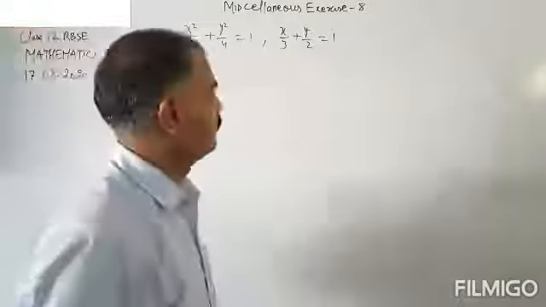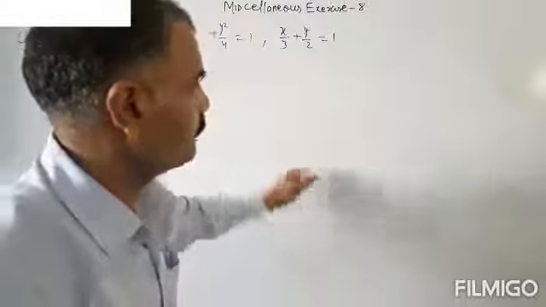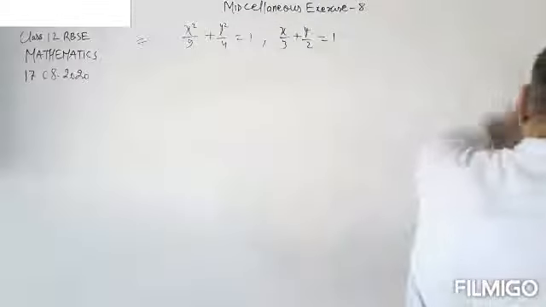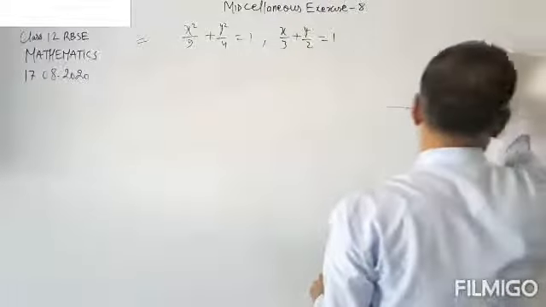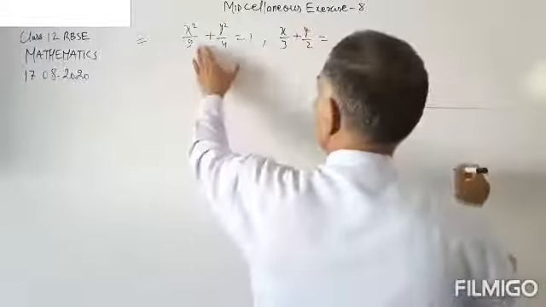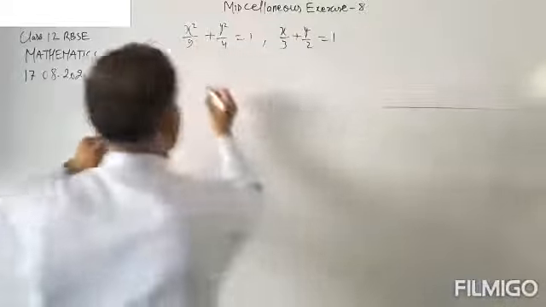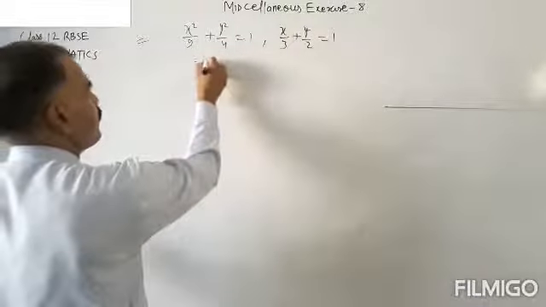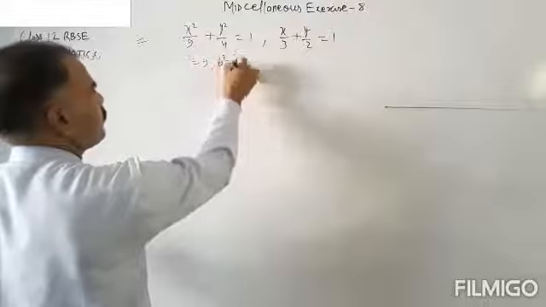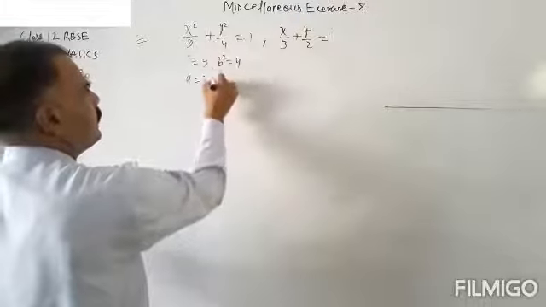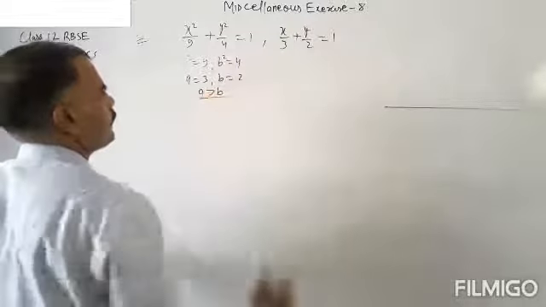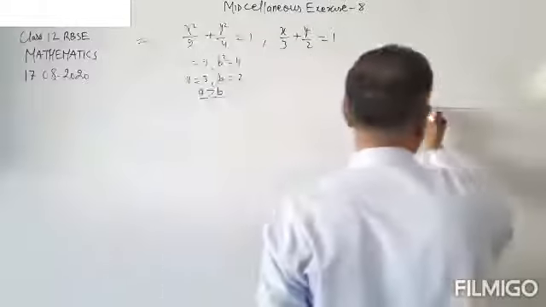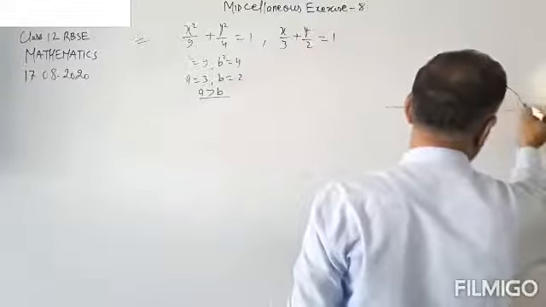Now first of all, draw the rough sketch of the given curve, that is the ellipse. Here a square is equal to 9 and b square equals 4, so a equals 3 and b equals 2. So a is greater than b, that is why it is a horizontal ellipse.